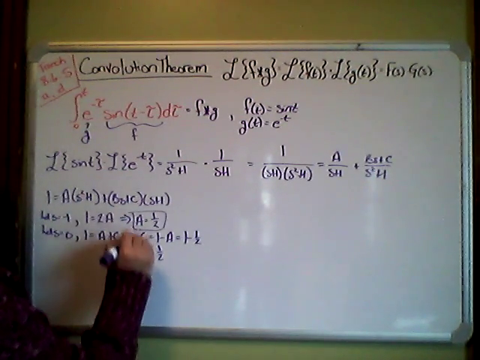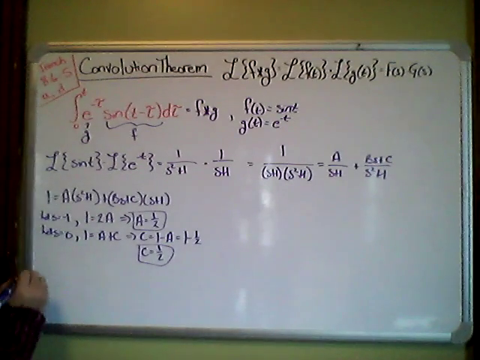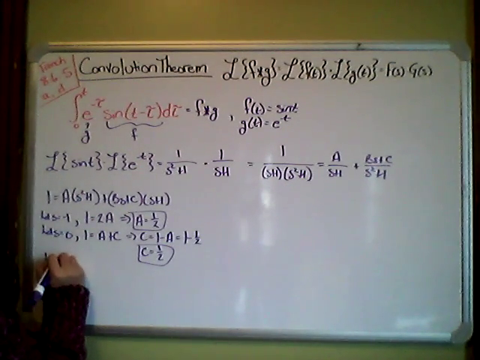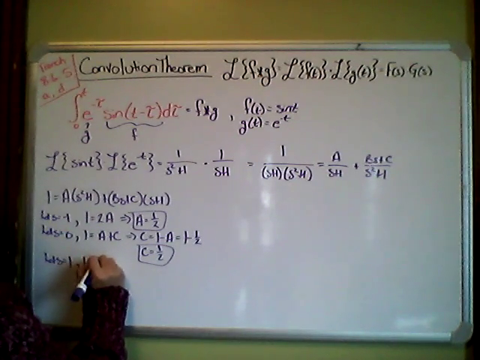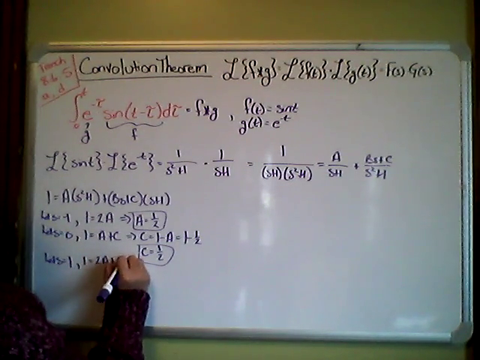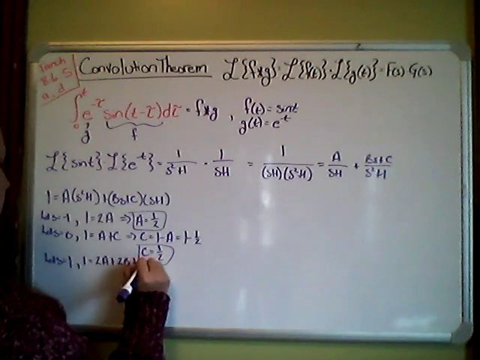Now we have our a and our c values. Now we will let s equal 1. So then we have 1 is equal to 2a plus 2b plus 2c.